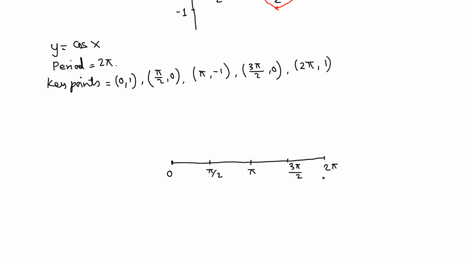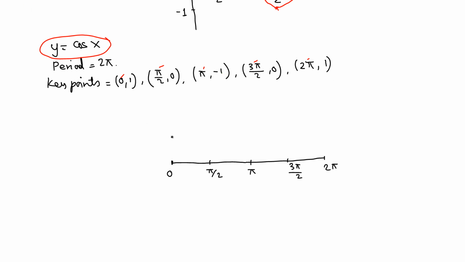Now these are the x values, and to find the corresponding y values we plug in the given function. So 0, pi over 2, pi, 3 pi over 2, 2 pi are coming from here, and these corresponding y values are coming from the function itself. So cosine 0 is 1, cosine pi over 2 is 0, cosine pi is negative 1, etc.